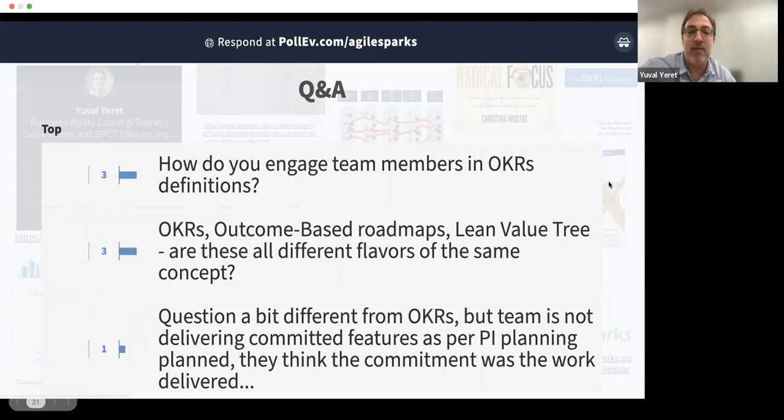And we might even bring in a draft objective that's based on what our area needs to provide.